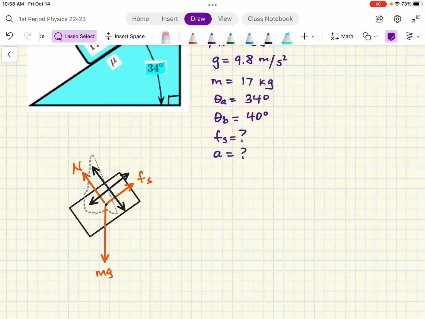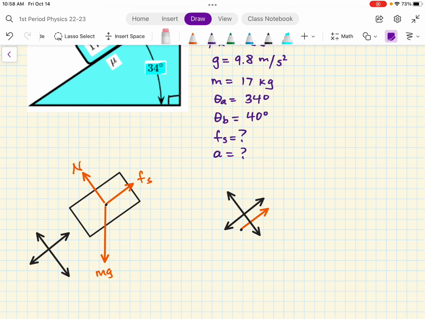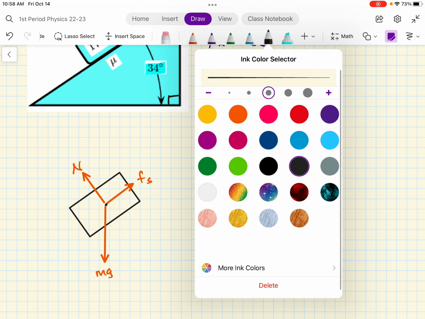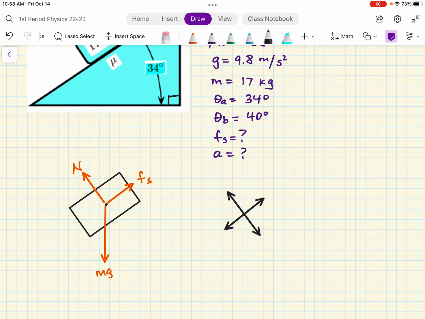Let's see if I can just get the... I'm going to copy. Then I'll get rid of this stuff, so my drawing is clean. And we'll label a coordinate axis. This will be the y, and this will be x. Let's make this smaller.